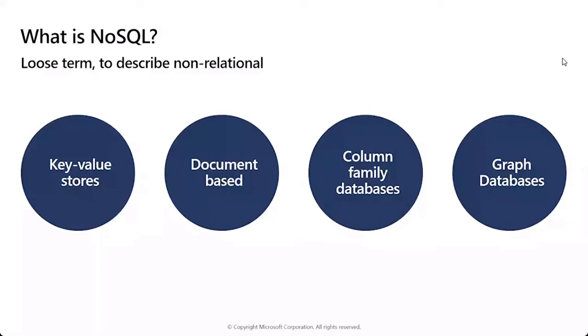In most column family databases, the column families are stored separately, and the data for a single entity that spans multiple column families will have the same row key in each column family. One of the most widely used column family database management systems is Apache Cassandra, and Azure Cosmos DB actually supports the column family approach through its Cassandra API.